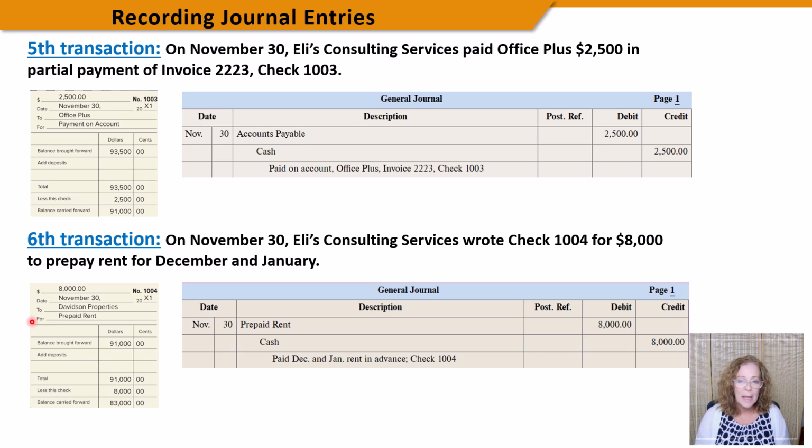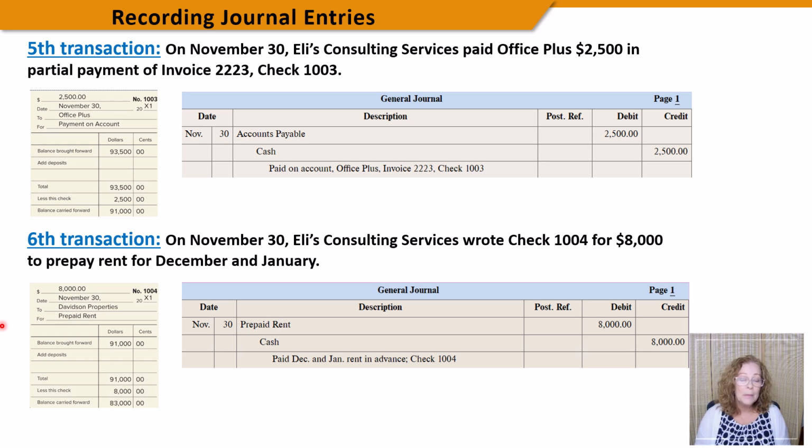When we previously analyzed this business transaction, we determined that two things happened. The company now has more prepaid rent, and cash decreased. Prepayments of rent are an asset, and assets increase with debits. The second part of this transaction is that cash decreased. Cash is an asset, and assets decrease with credits.